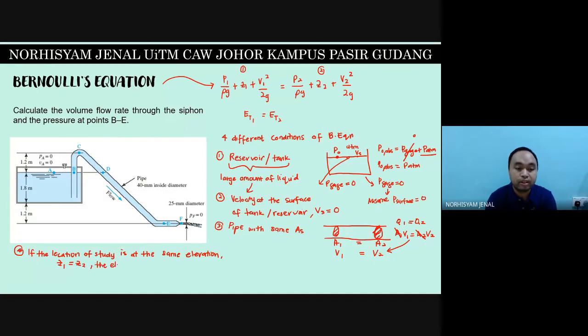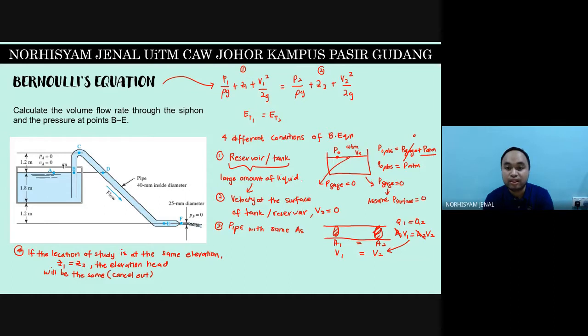The elevation head will be the same. So it means that we can cancel it out from the Bernoulli equation. So if the location of study is at the same elevation, Z1 equals Z2, the elevation head will be the same, so we can cancel out the elevation head on both sides of the equation. That will be the 4 different conditions of the Bernoulli equation.